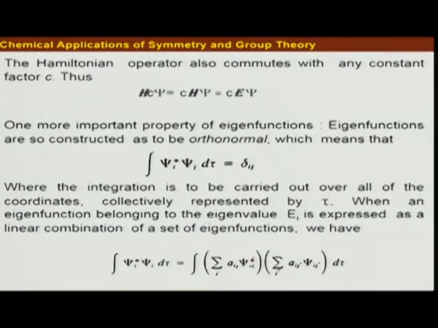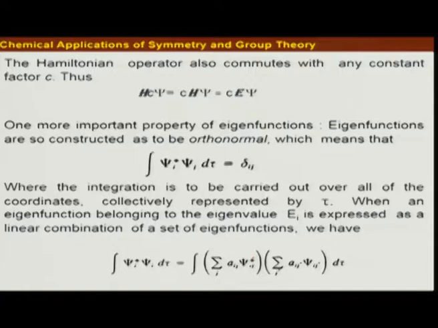Now the Hamiltonian operator, apart from showing the commutative property with the symmetry operations, also commutes with any constant factor. For example, the wave function is given as psi, but if I multiply this psi by any constant, that also doesn't change the state of the system. Only the normalization condition changes.